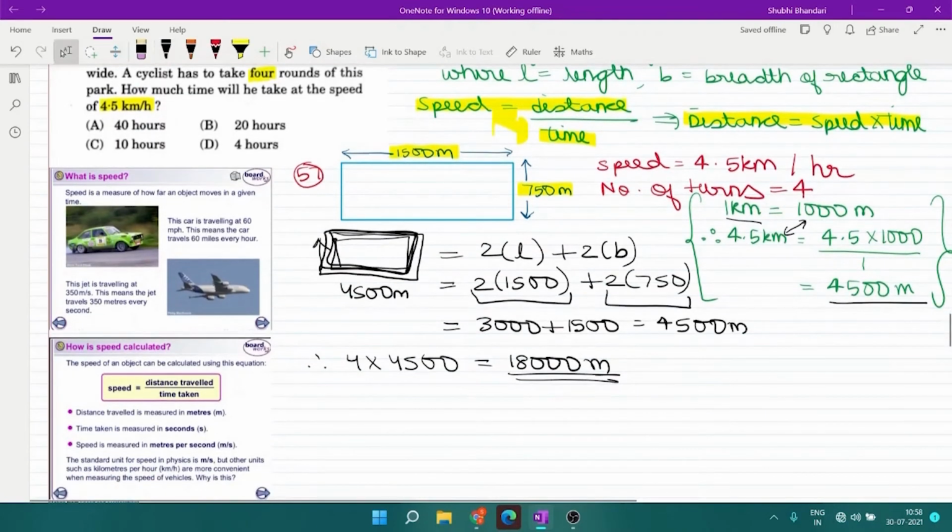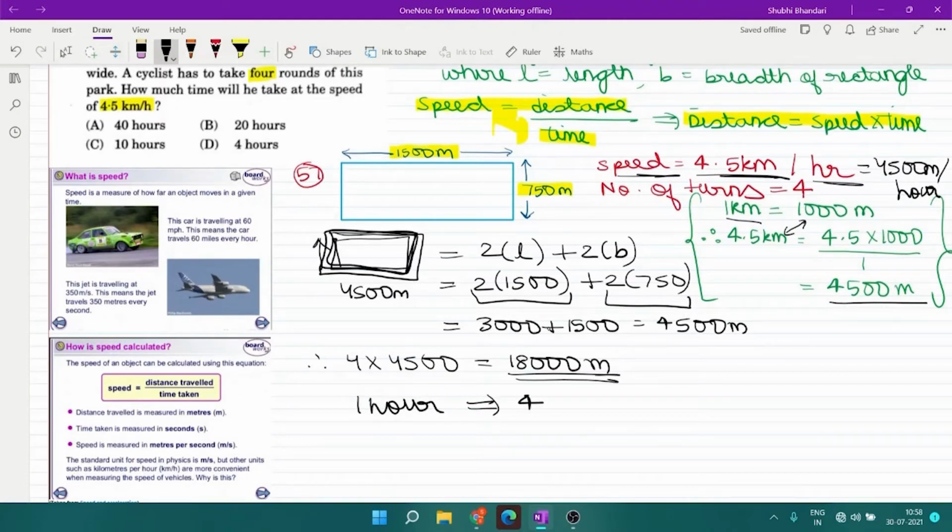Now we are given that the speed is 4.5 kilometer per hour or 4500 meter per hour. What does this mean? This means that in 1 hour the cyclist completes 4500 meter. So in how much time will he complete 18,000 meter?